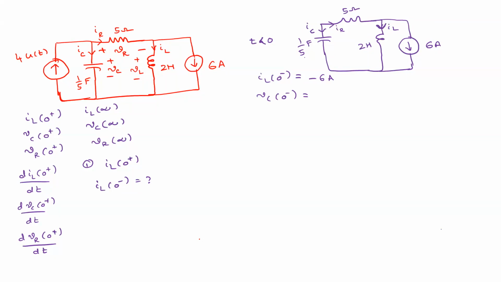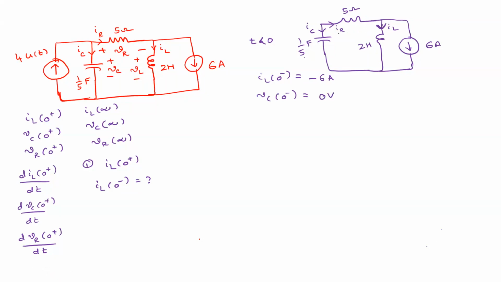Simple question, 0. Here this is short circuited, so all the current flows through this short circuit only. Therefore the current through this resistor is 0, so there is a short circuit across the capacitor terminals. Therefore the voltage across the capacitor is 0 volts.